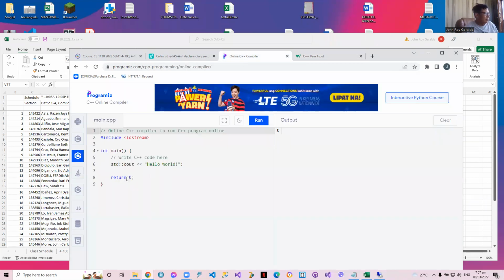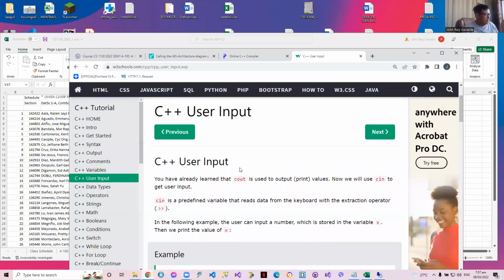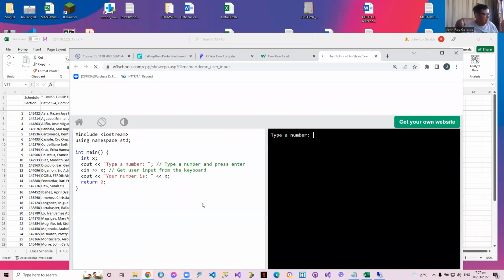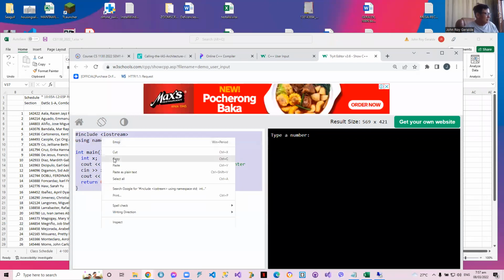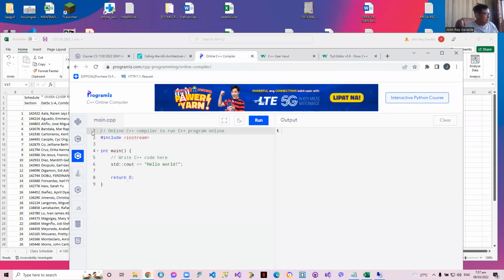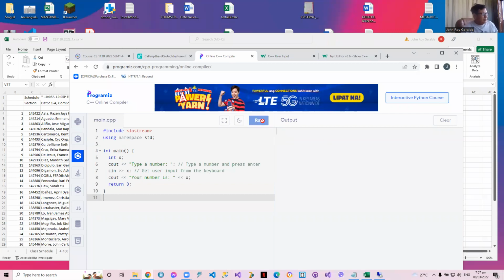So let's do that here. Let's copy this. So this is how you do it in C++. You type a number. So what we'll do is we ask for the score.